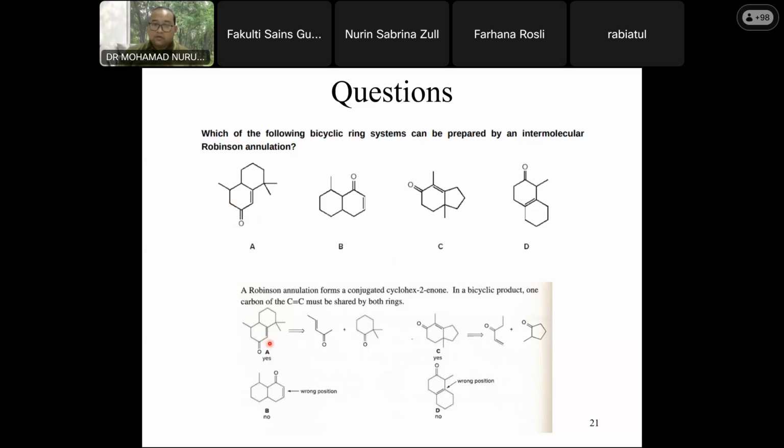And as I said, we already learned how to do the disconnection approach. So this is the enolate, this is the alpha beta unsaturated ketone, and meanwhile this one is the enolate. We have to do more practice on this one, so spend more time on it.